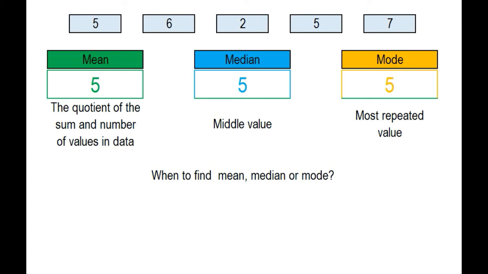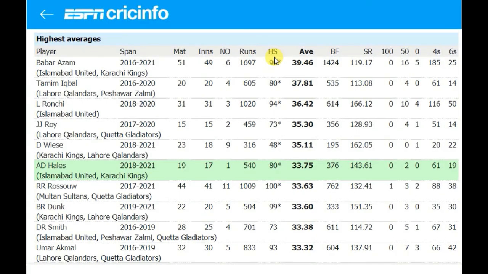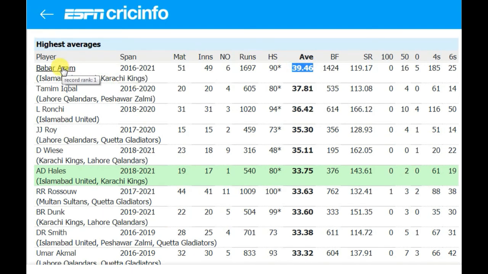In the last part of this video, I would like to ask you a challenge question. But before the challenge question, I would give you one more example from real life. Now we are looking at the application of average, which is indeed mean. Average and mean are the same. Here you can see that the average of Babar Azam is 39.46.